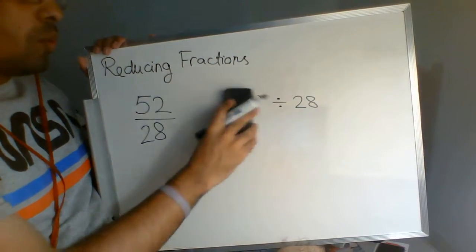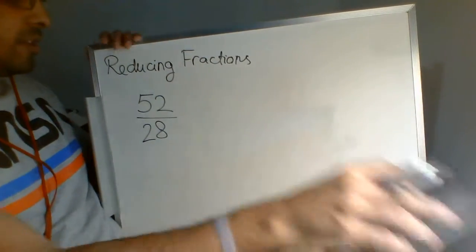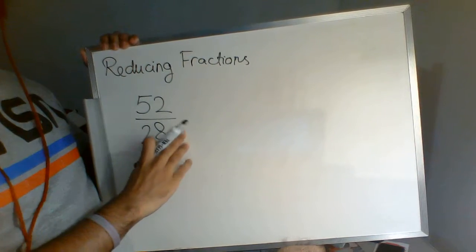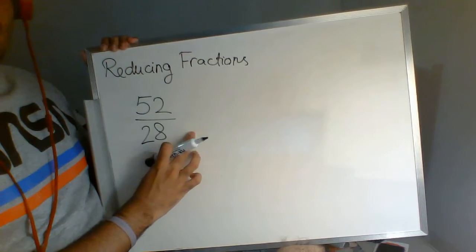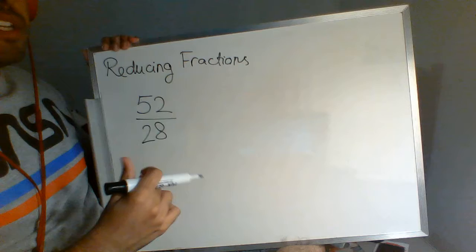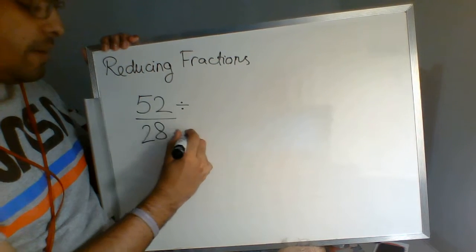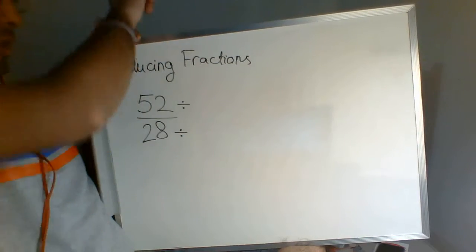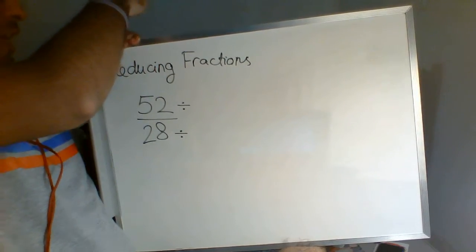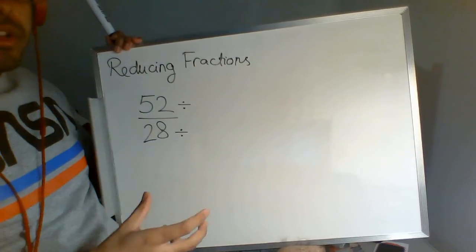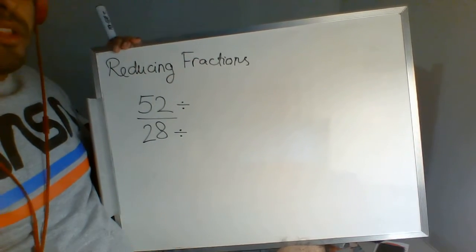But if you were working with fractions and you happen to write it this way, you want to express this in its lowest possible terms. And what that means is you want to reduce both of these by dividing them by their highest common factor, ideally, until you get to two numbers that don't have any common factors other than the number 1.